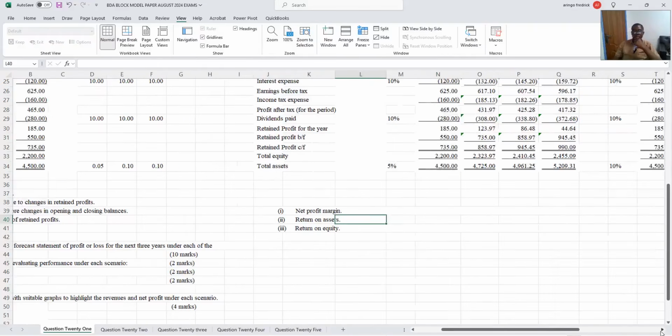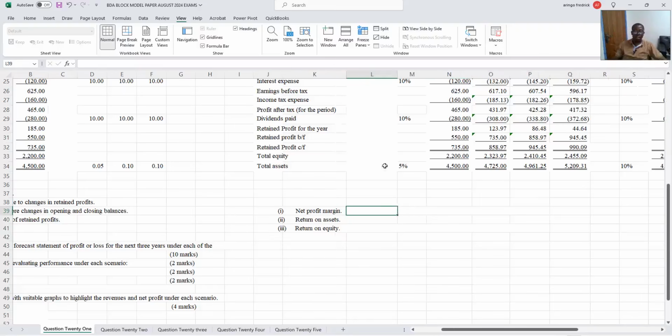I know you can, because you should recall that net profit margin will always be in relation to sales, or in relation to what? In relation to revenue. So my net profit margin in this context will be our net profit divided by our revenue, or simply sales.